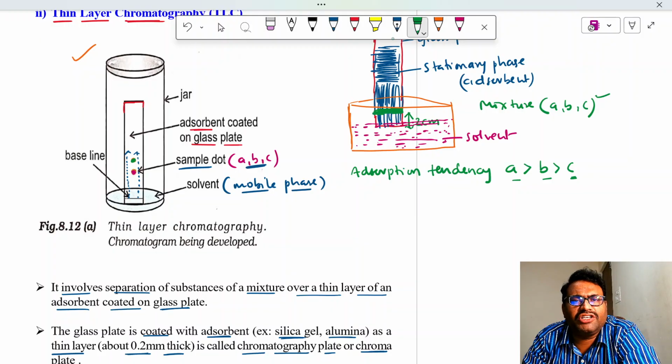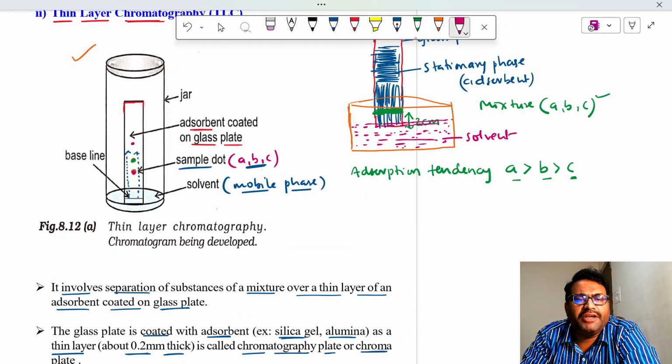It adsorbs to the stationary phase and stops. B and C do not stop. After moving a certain distance, B stops. So this is B, and this is A. The least tendency to get adsorbed is C. C moves the most distance.